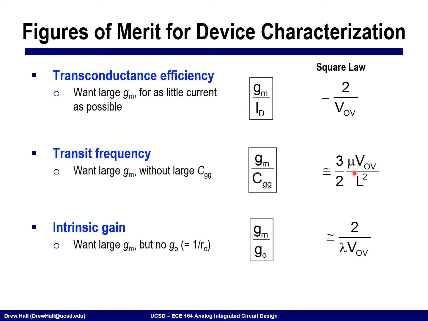If I want a transistor to be very fast, that means lots of overdrive voltage, high mobility, but more importantly, short channel length devices. This is where newer technologies really benefit, as they have intrinsically shorter channel length. And then lastly, for the intrinsic gain, this means increasing lambda's inverse, which we know is a strong function of L, so increasing the channel length as well as decreasing the overdrive voltage again.